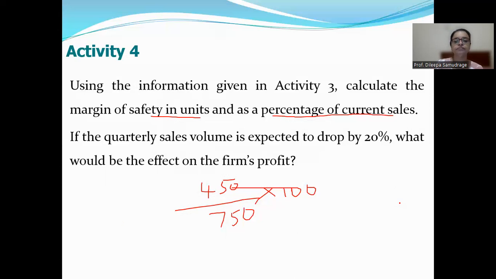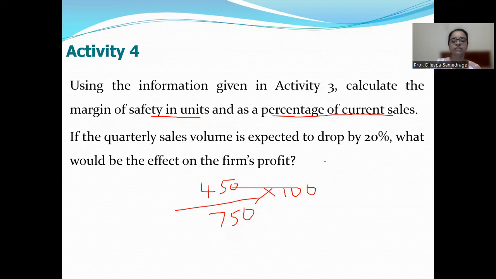How much? Yes, profit reduced from 9 million to 6 million, so reduced by 3 million, correct?